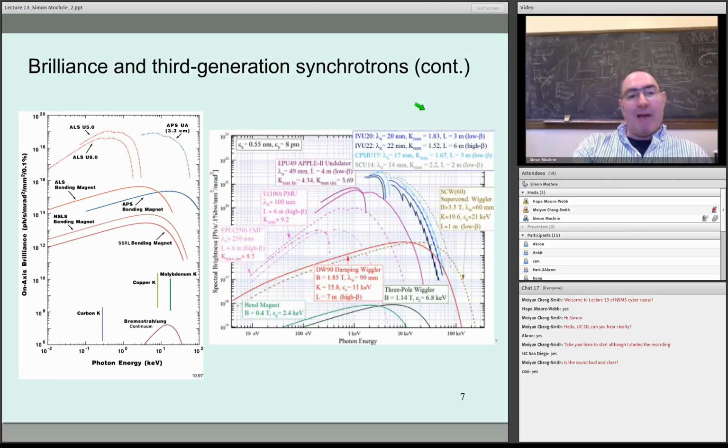A typical value for the brilliance is a few times 10 to the 18th. Over at the ESRF, it's a little higher, a few times 10 to the 19th or 20th or something like this. This is just a different synchrotron. I'm not sure whether it's the Swiss Light Source actually, or perhaps it's the ESRF. I apologize for not remembering that.